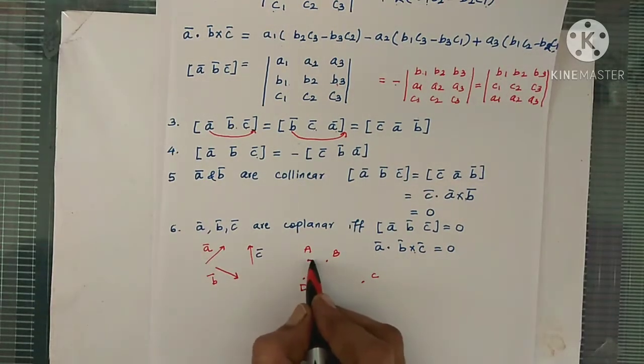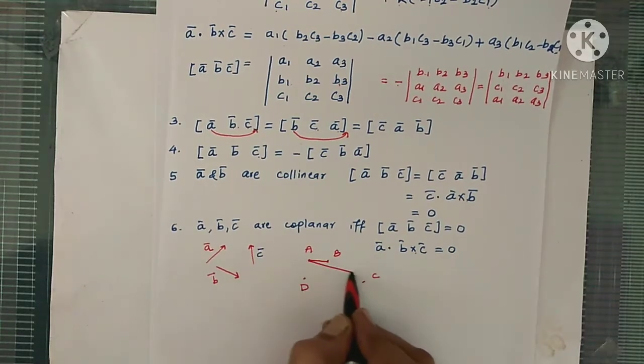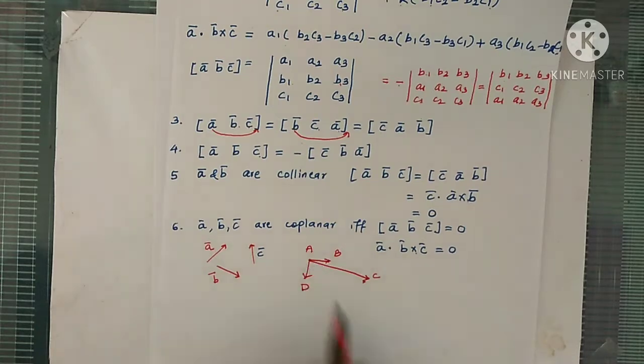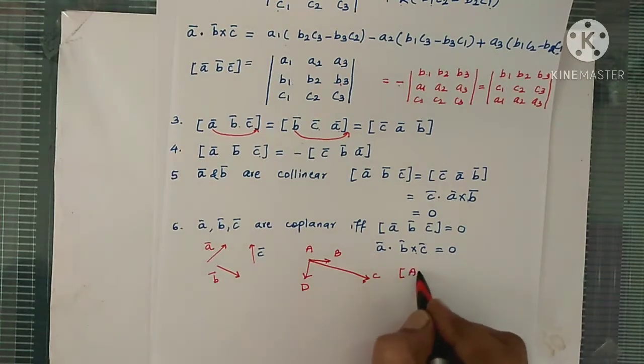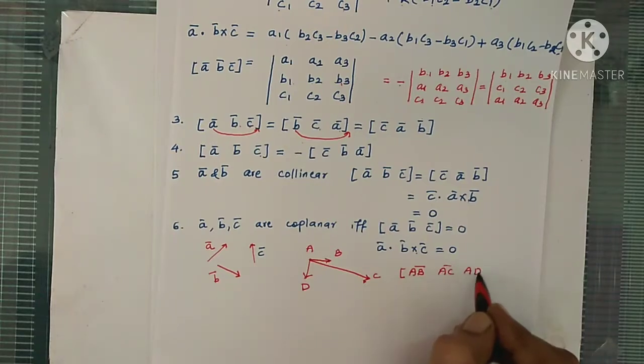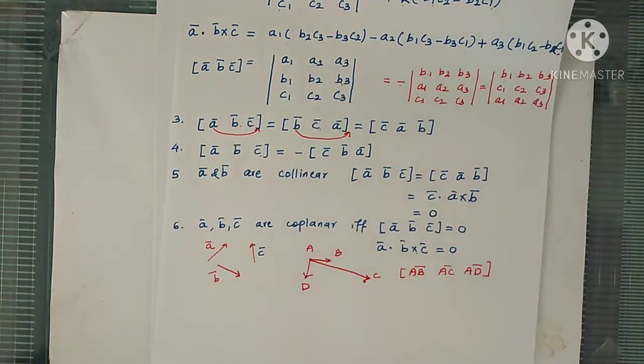Then first of all we have to convert these points into three vectors. So for that take AB bar, AC bar and AD bar. So we are taking one common point to all of the three vectors and finding their scalar triple product. See, now we have three vectors, AB bar, AC bar and AD bar, so we can find their scalar triple product.